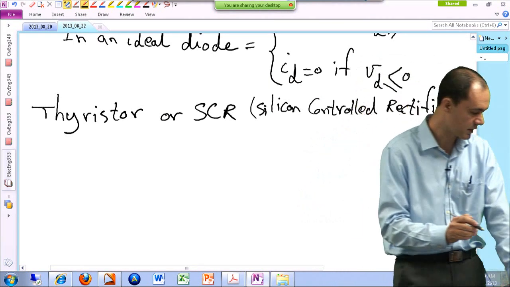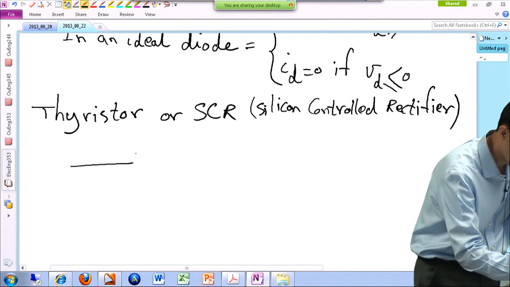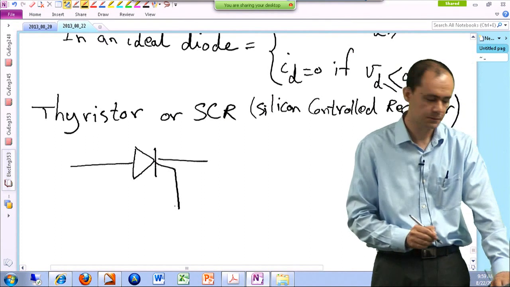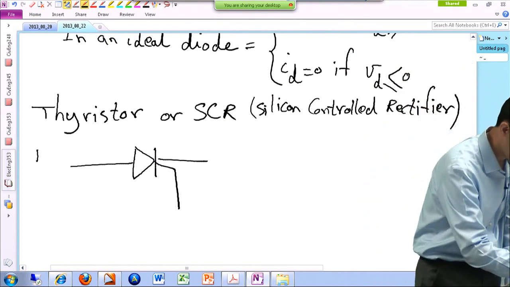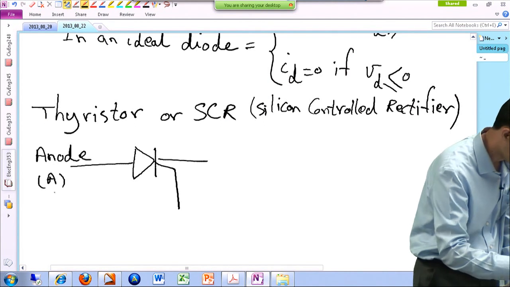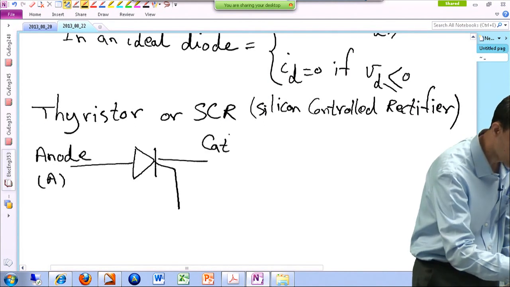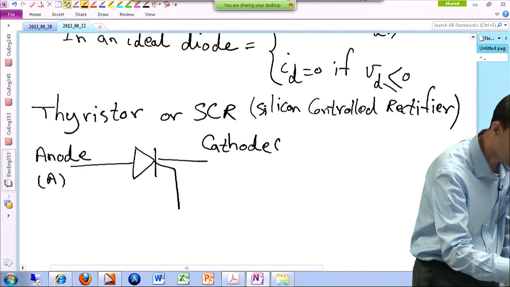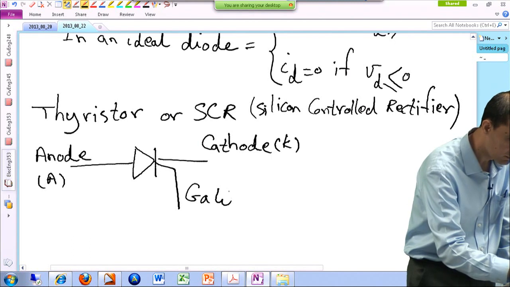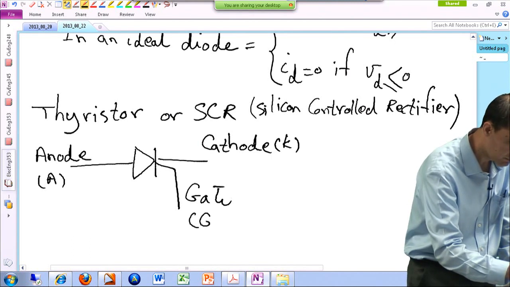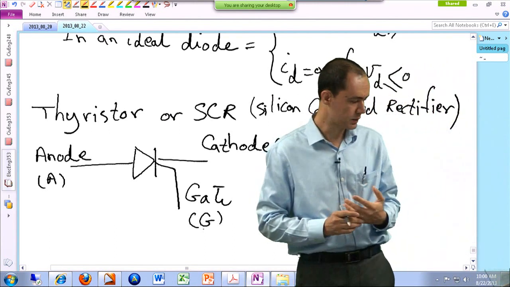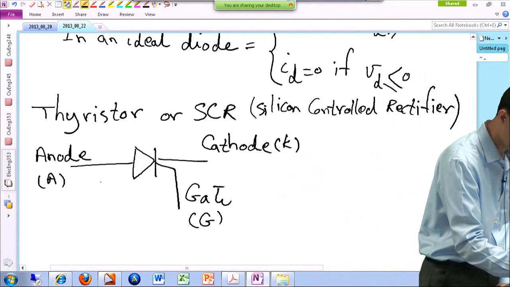So what is the symbol for this device? It looks like a diode with an extra pin. Something like this. Again, this is the anode, or A. This is the cathode, or K. And this new guy is called the gate, or just G. And similar to a diode, the way you define its current is from anode to cathode.